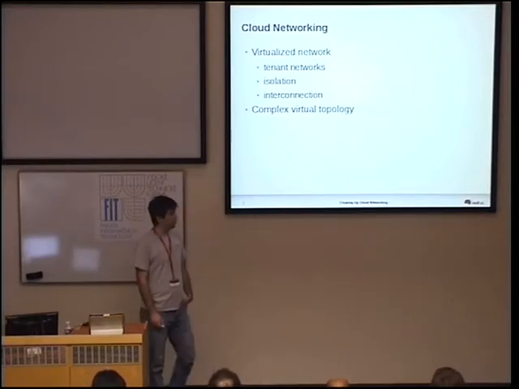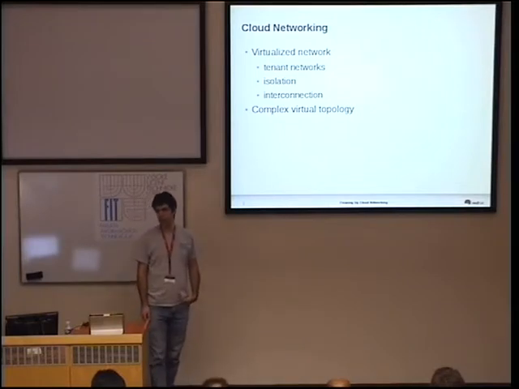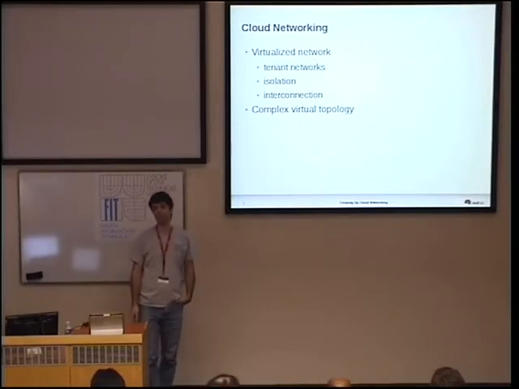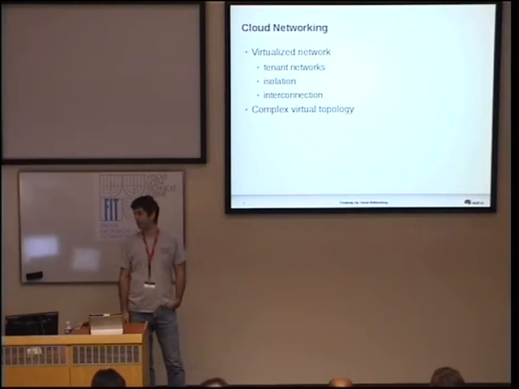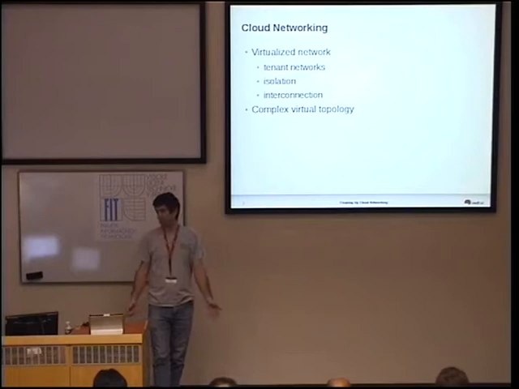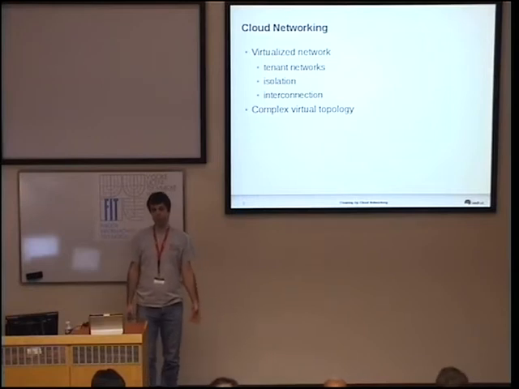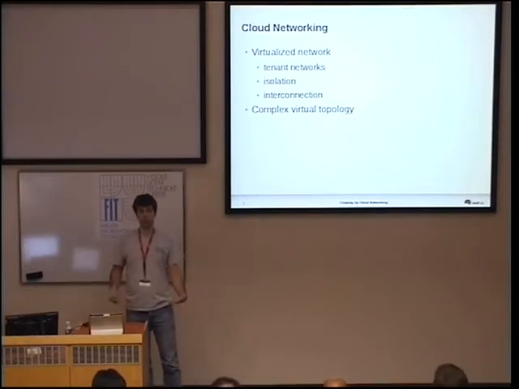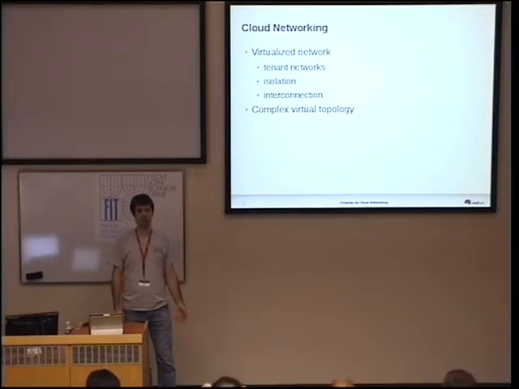So, first thing is probably we should define what we mean by cloud networking, or what's the difference between traditional networking and cloud networking. Cloud networking is a thing where you have multiple virtual machines that want to talk to each other, and you basically want to emulate a local area network for them.